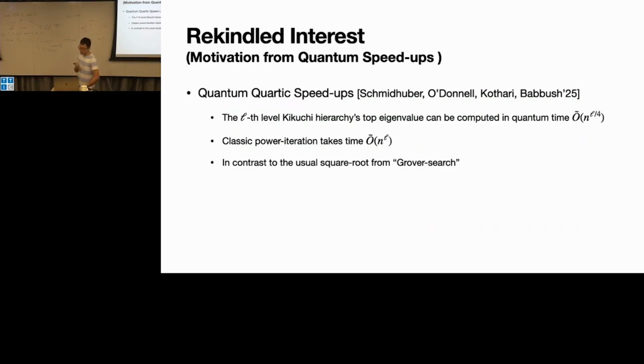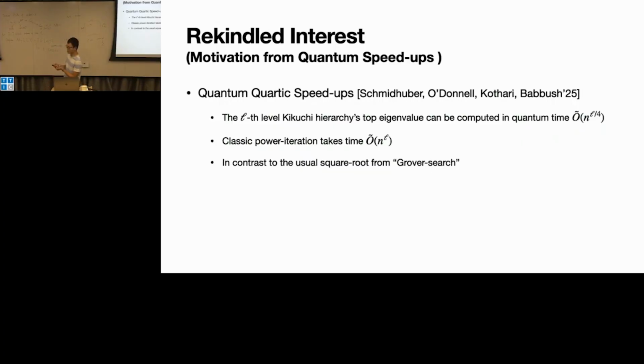Another motivation really comes from this recent work by Ryan and co-authors on quantum quartic speedups. They show that the l-th level Kikuchi matrix, the precise one we have here, can be computed in quantum time n to the l over 4.